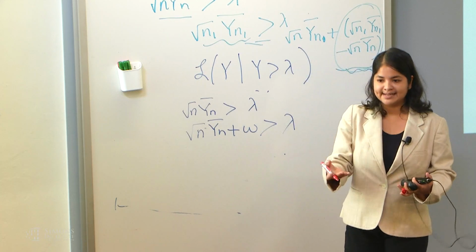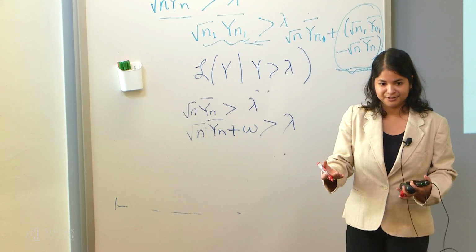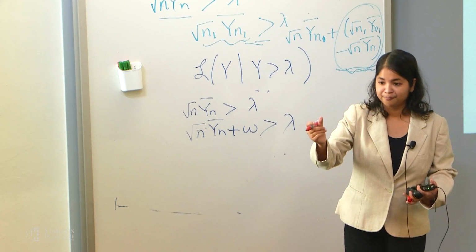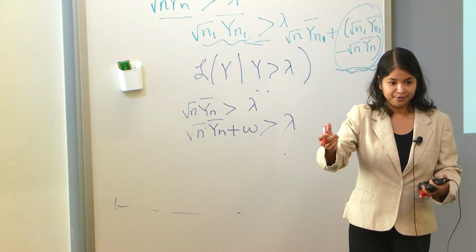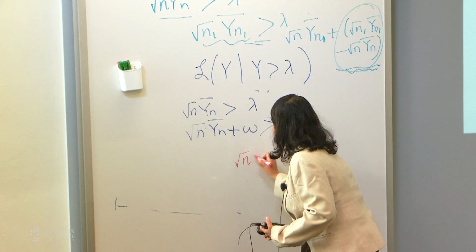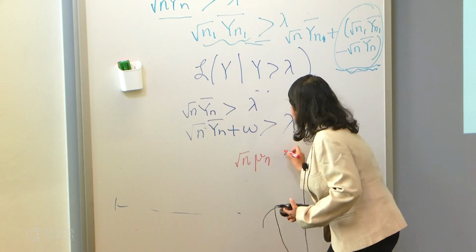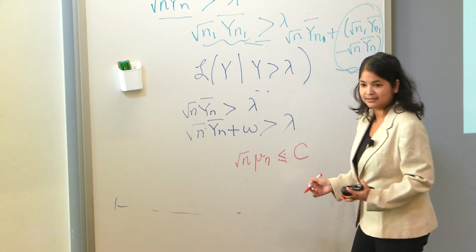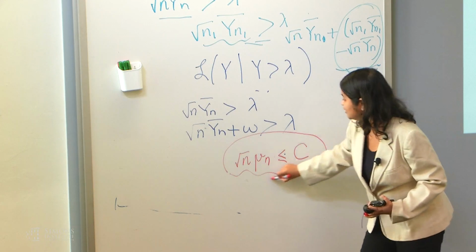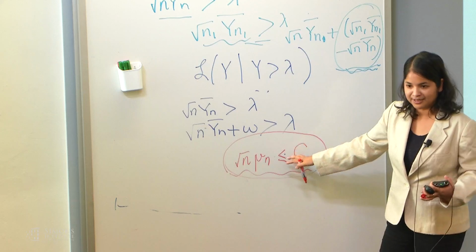So you look at the CLT for local sequences of parameter, right? In the CLT, you look at an order 1 over root n neighborhood of mu. You look at local neighborhoods. So if root n mu n were bounded, this is when I'm looking at a 1 by root n neighborhood of the actual parameter.